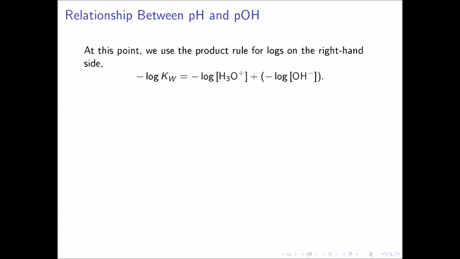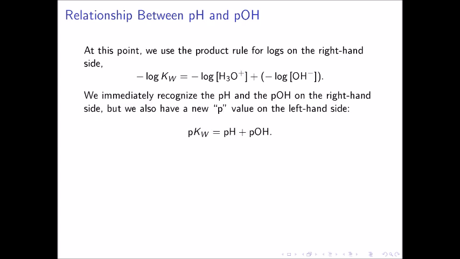Recall that when we have the logarithm of a product, we can break this up into the sum of two logs. So this gives us the negative log of Kw is equal to the negative log of hydronium ion concentration plus the negative log of hydroxide ion concentration. We can immediately recognize both the pH and the pOH on the right-hand side, but we also have a new p-value on the left-hand side.